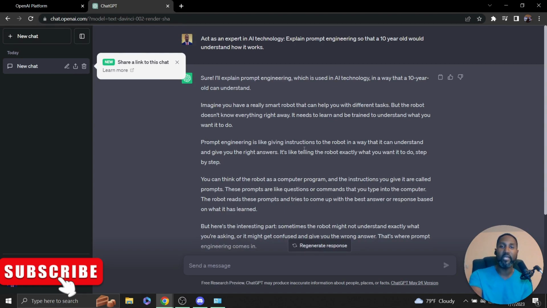Prompt engineering is like giving instructions to the robot in a way that it can understand and give you the right answers. It's like telling the robot exactly what you want it to do, step by step. So this is what essentially I was saying that prompt engineering does. You basically have to give step-by-step instructions on what you want the machine to do.